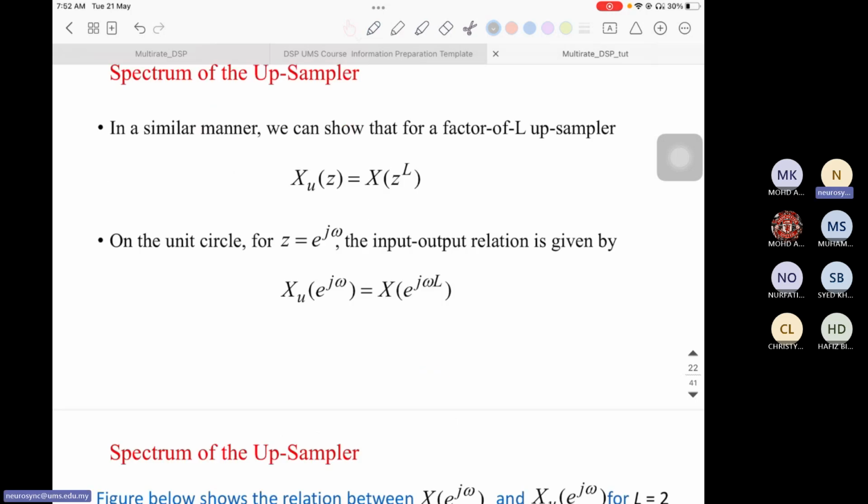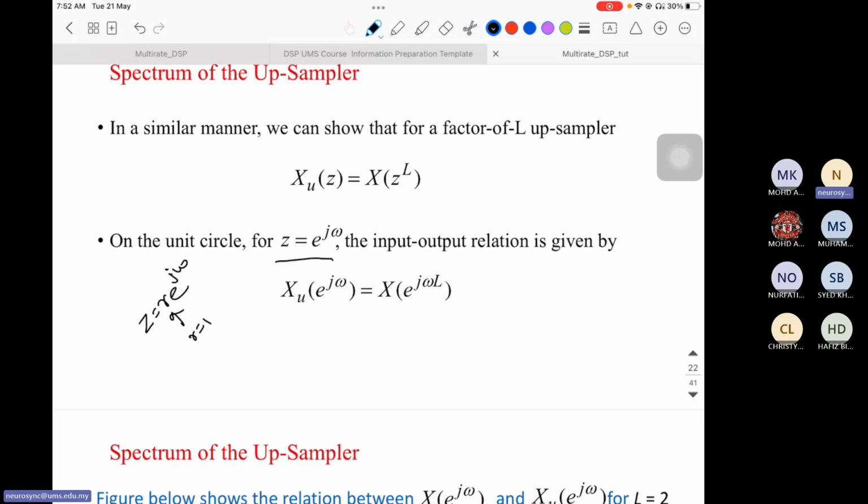Now on the unit circle, I know that Z equal to R e to the power j omega. On the unit circle means R equal to 1, so Z equal to e to the power j omega.